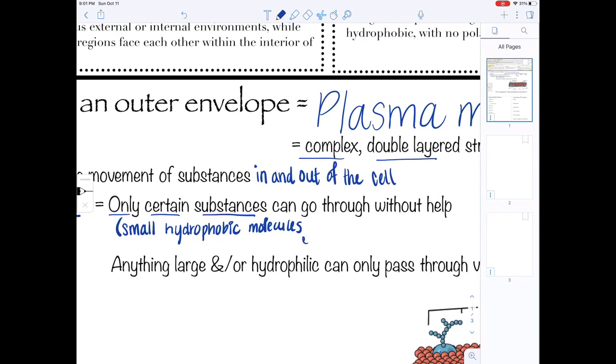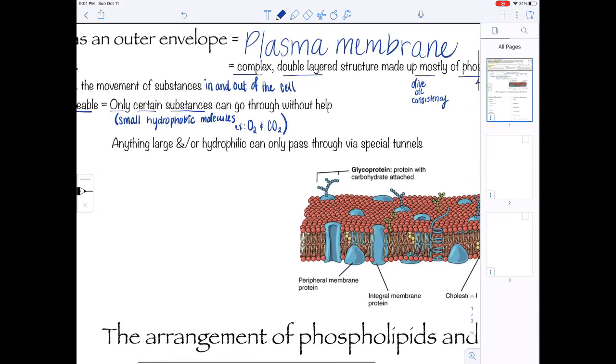When we say small hydrophobic molecules, this really will come back to the structure of our plasma membrane and how it is structured. So if you look on here, we know that anything large or hydrophilic can only go through those special tunnels that we see embedded throughout the plasma membrane.